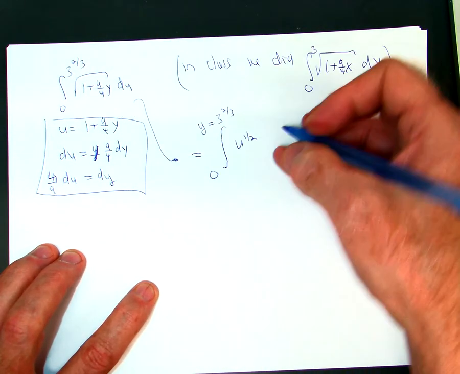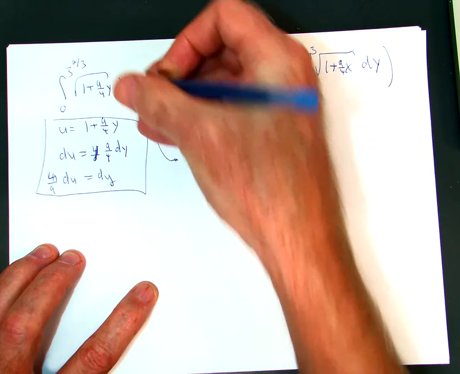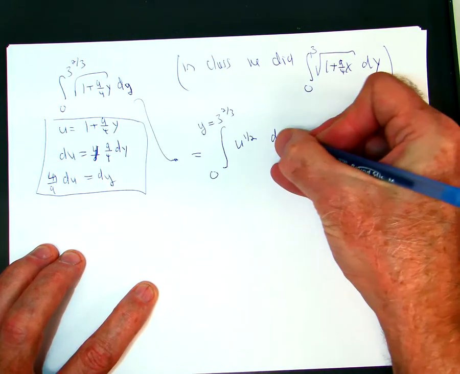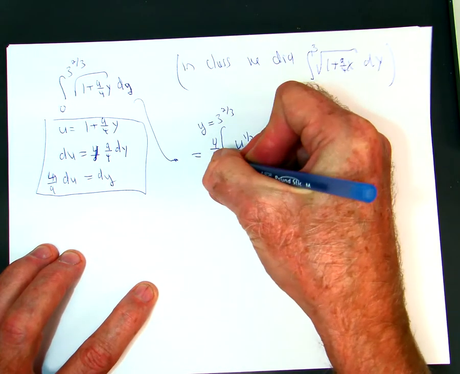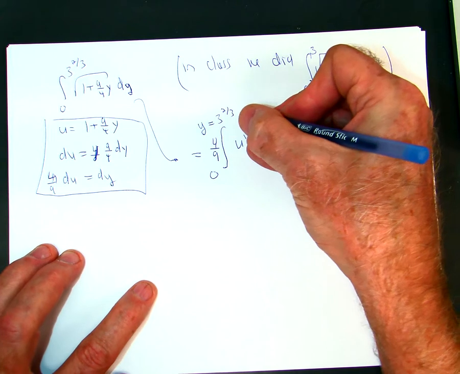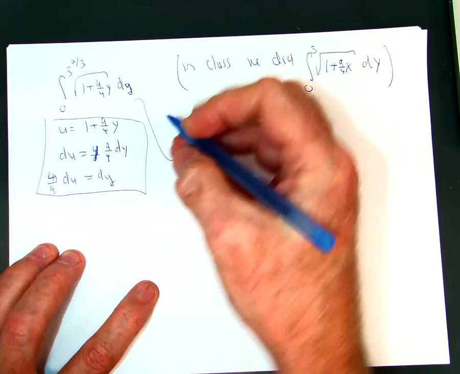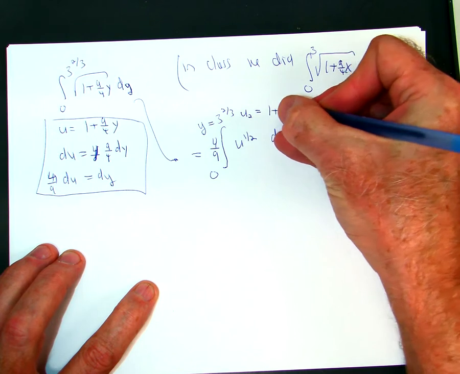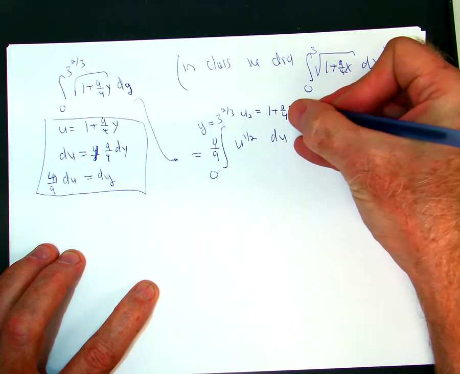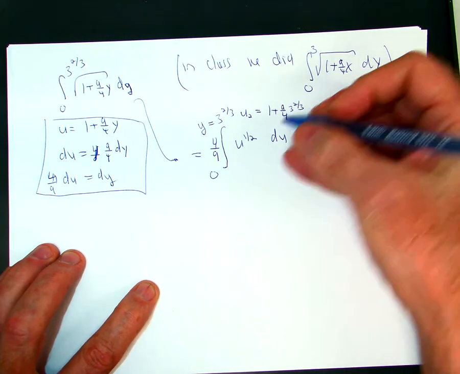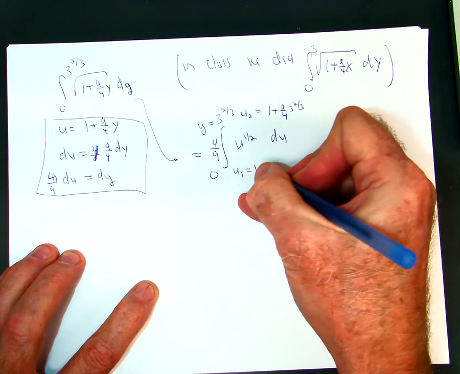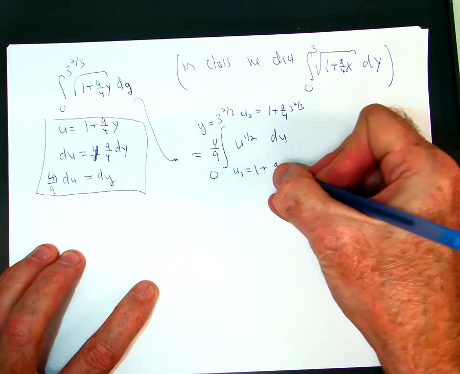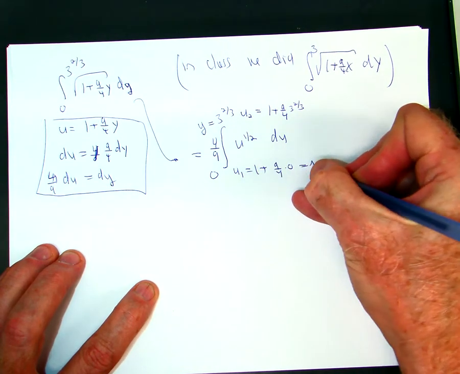That's my u. Dy becomes 4/9 du. And I'm going to write the limits as u. u2 is going to be 1 plus 9/4 times 3 to the 2/3, and then u1 is going to be 1 plus 9/4 times 0, which is just 1.